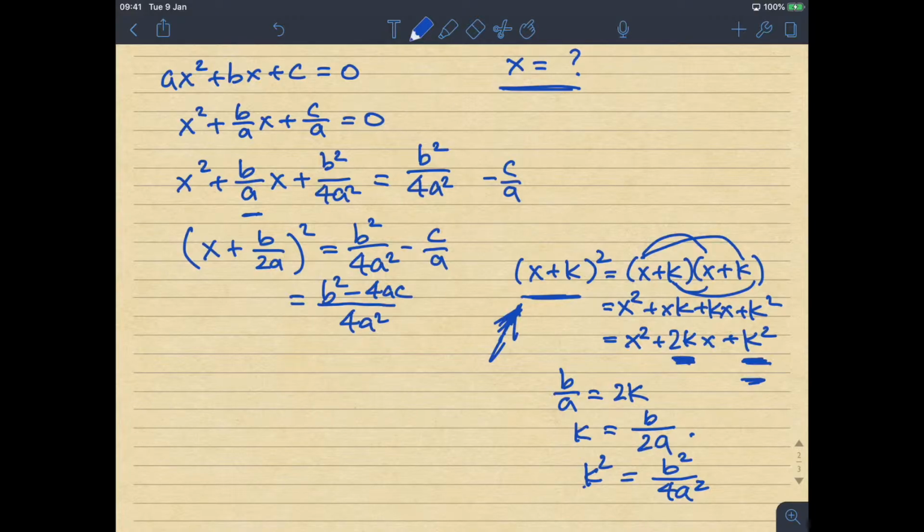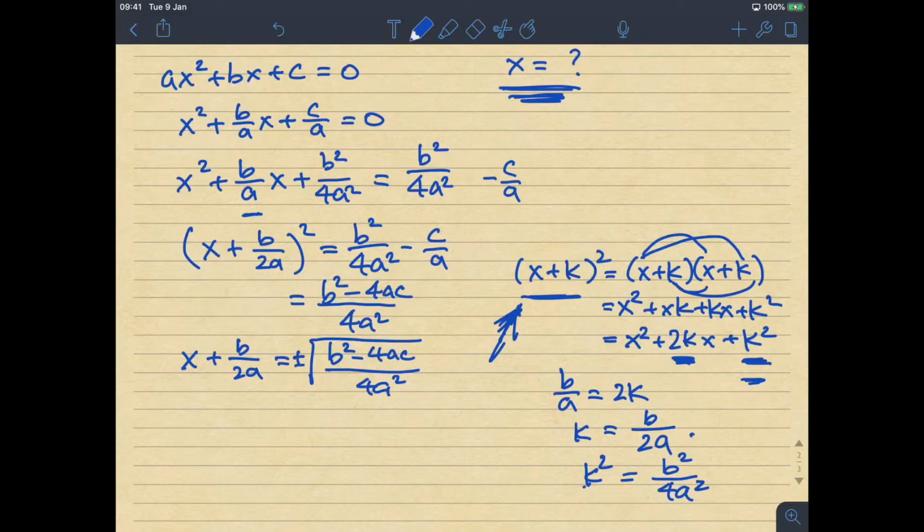Now remember we want to get to x equal to something. On the left hand side we've got a square here, so we want to get rid of that. So x plus b over 2a is equal to the square root of b squared minus 4ac over 4a squared. Now don't forget, when you take a square root of a number, b, a, c, they're all numbers, right? Coefficients.